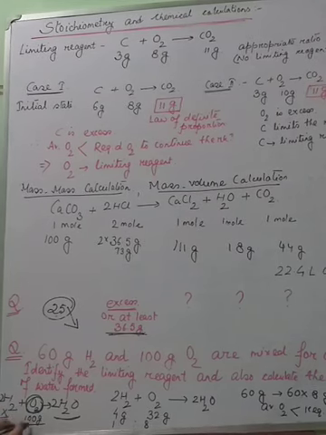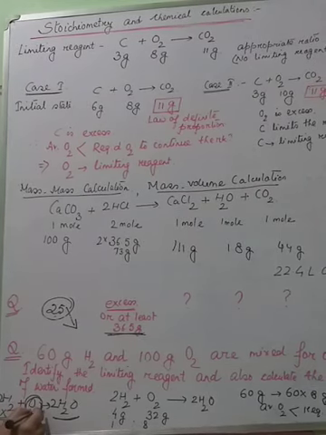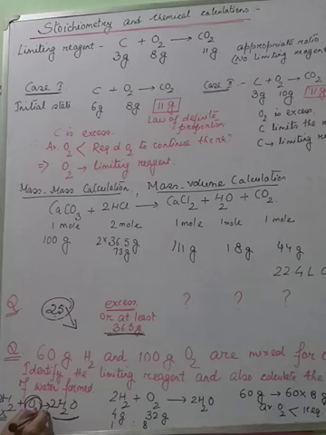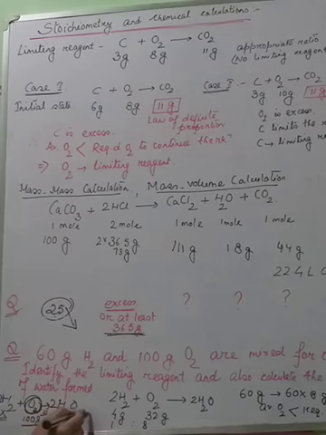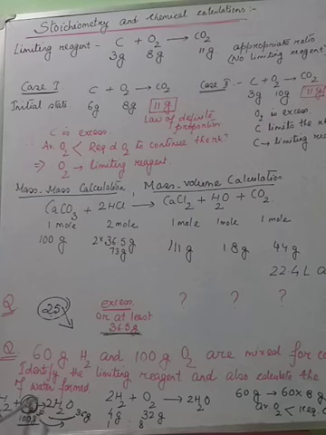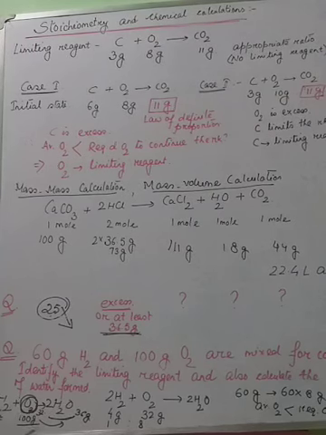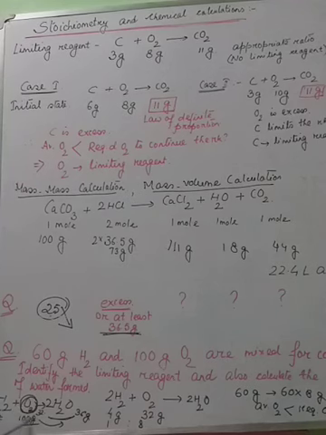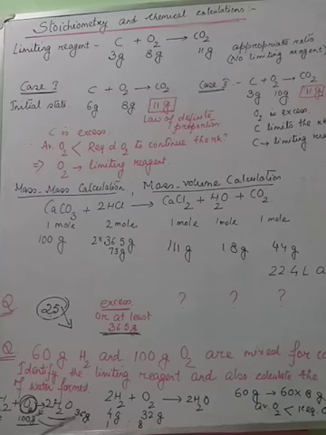So, 100 gram of oxygen; 32 gram of oxygen is able to give 36 gram of water. Therefore, 100 gram will be able to give how much water, or just convert it into moles. That is, 1 mole is capable of giving 2 moles of water. So, 100 gram of oxygen means 100 divided by 32. What is the number of moles of oxygen? Accordingly, 2 into this much water we will get.